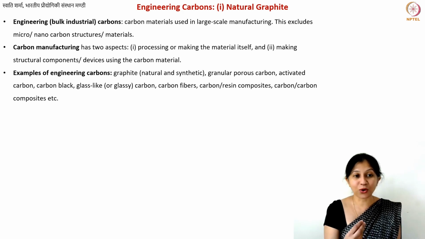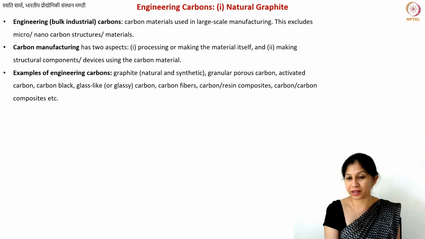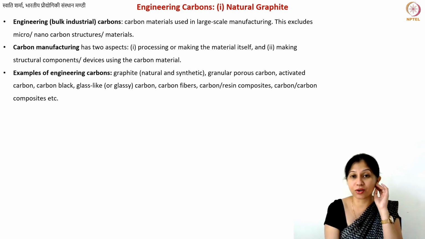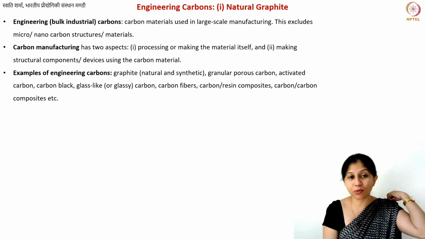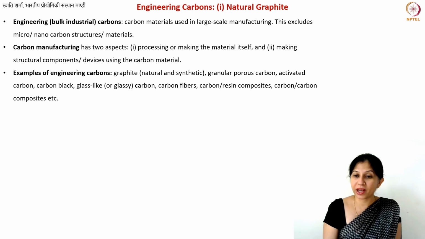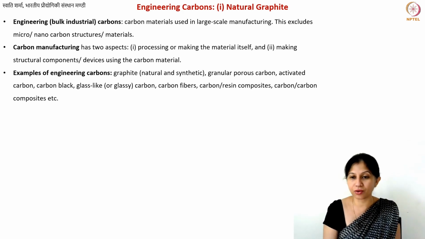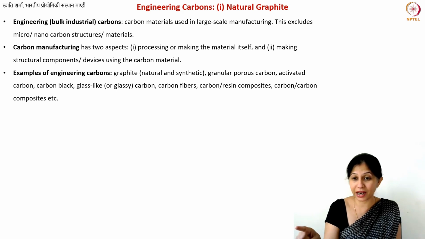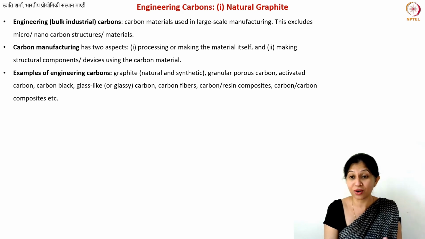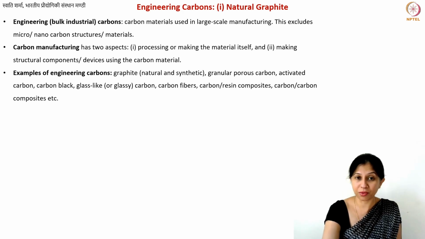In the process of making synthetic graphite, scientists ended up making some other interesting carbon materials, such as activated carbons, glassy carbons, and many other types of carbons. People were trying to make graphite, and it turns out that this material cannot be converted into graphite. However, the carbon material we get out of it is very interesting. It has its own interesting properties. So this is why it's also important to start from graphite.